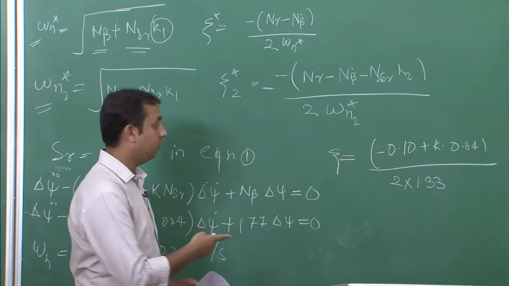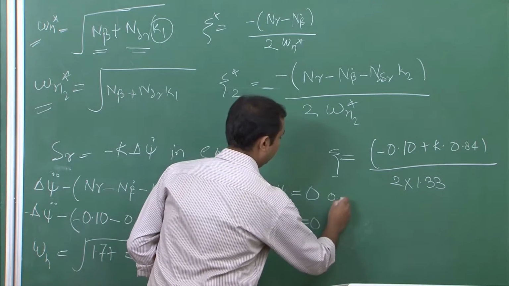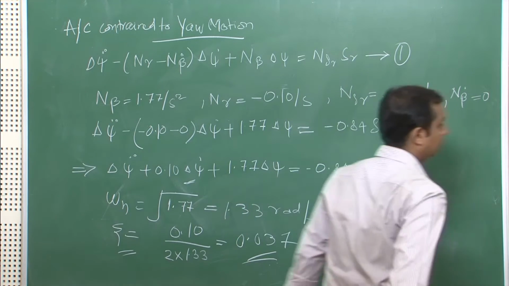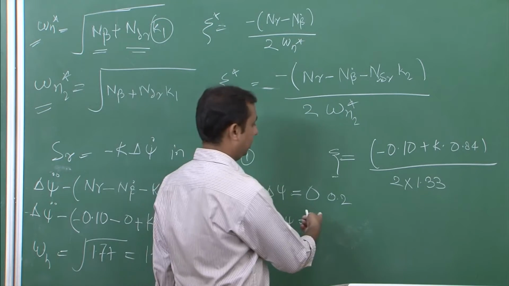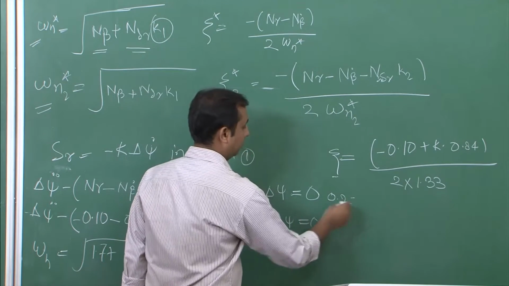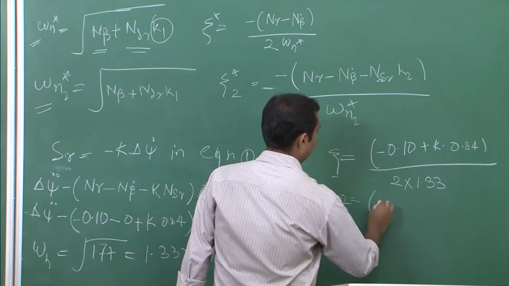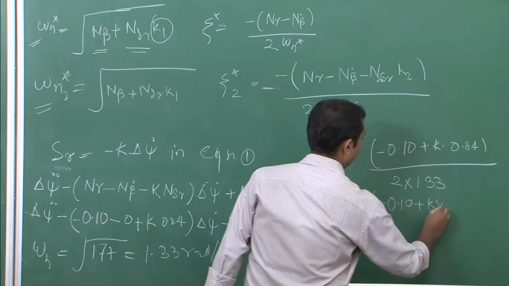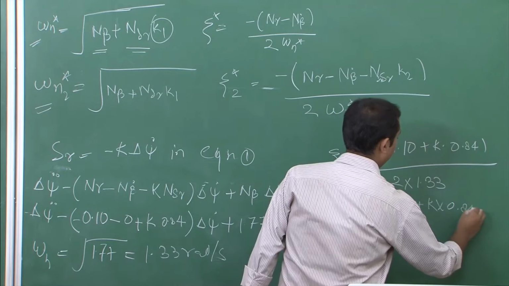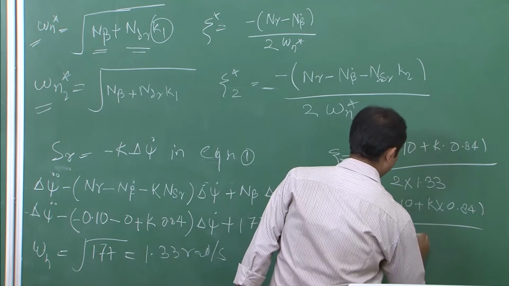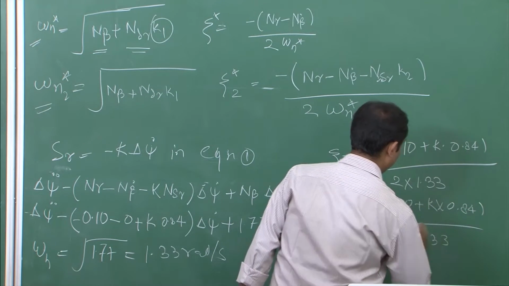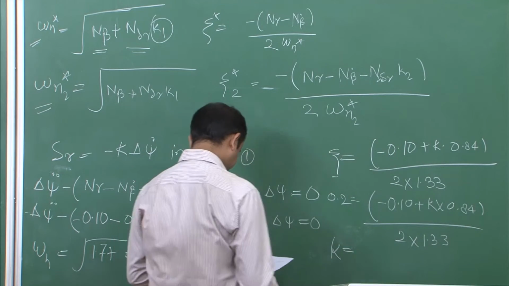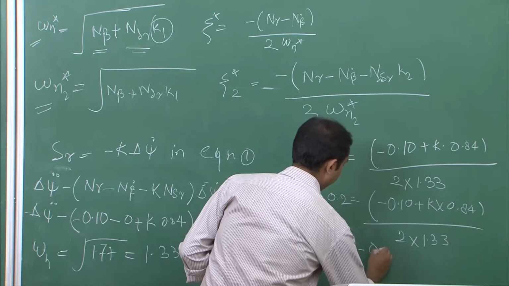Since the desired value of zeta is 0.2, I will substitute that value: 0.2 equals minus 0.10 plus k into 0.84 by 2 into 1.33, which will give me the value of k as minus 0.154.